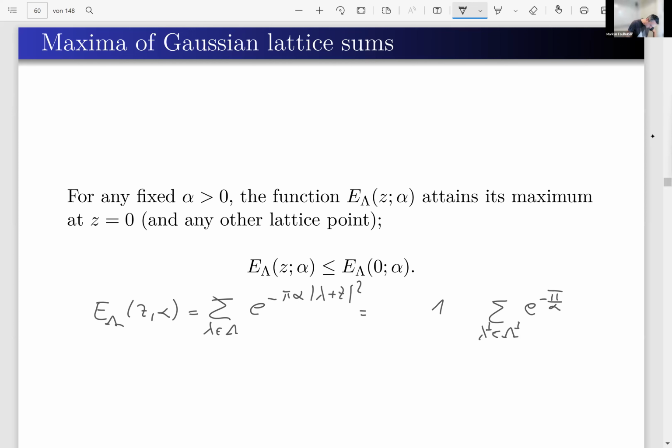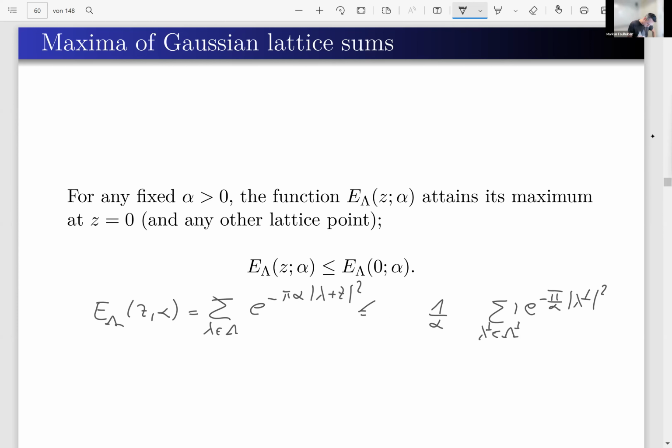So then this factor goes in front. And then here you have absolute value squared, and here you have e to the 2 pi i lambda times c. So now you can take absolute values and use the triangle inequality, and this complex exponential gets lost.